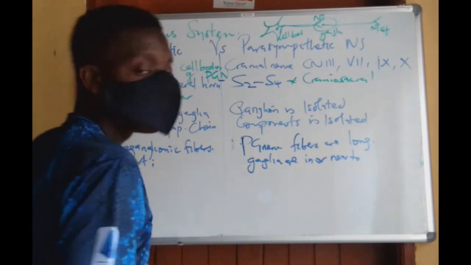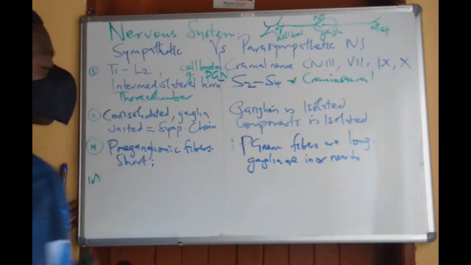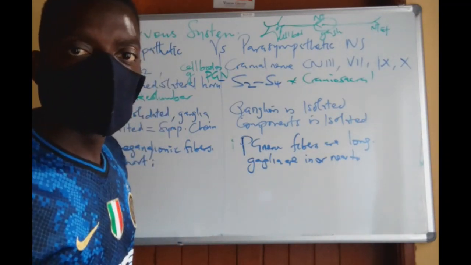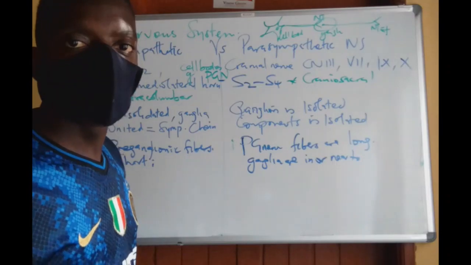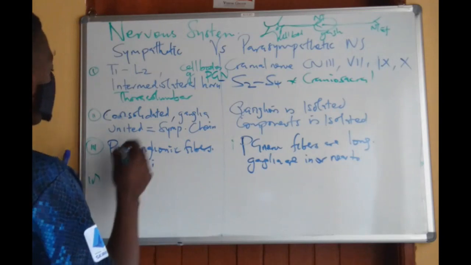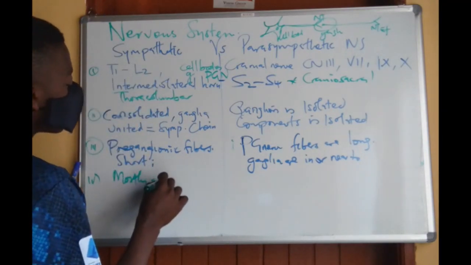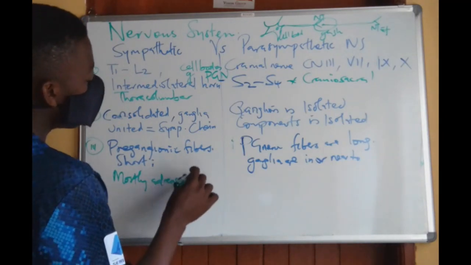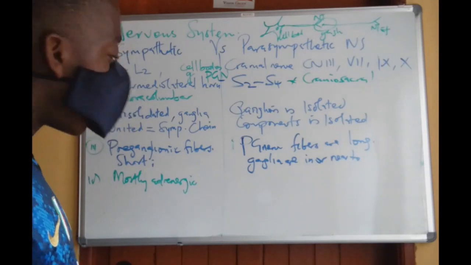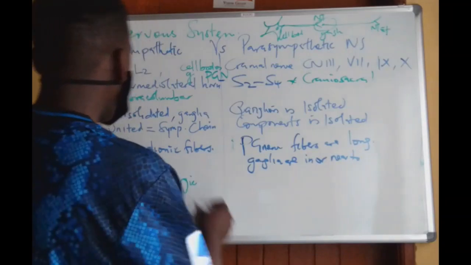And the fourth difference we shall talk about here is the neurotransmitter. For the sympathetic nervous system, the neurotransmitter is mostly adrenergic. Why am I saying adrenergic?